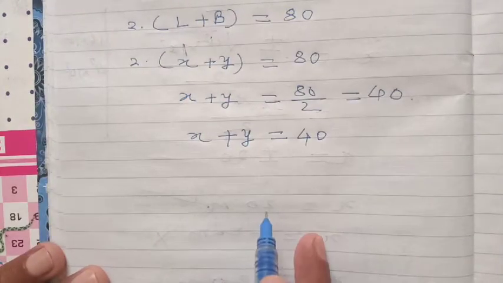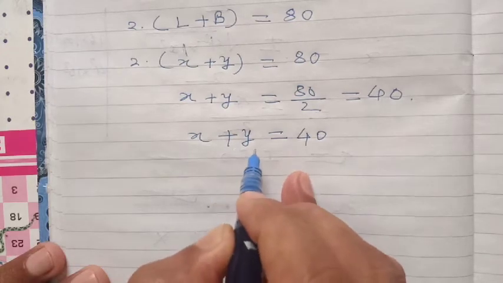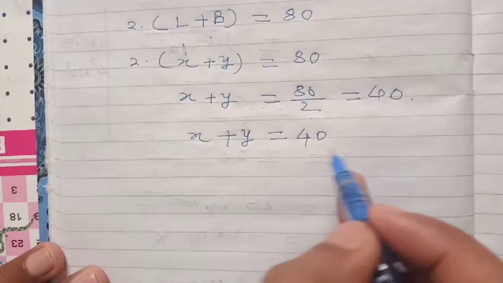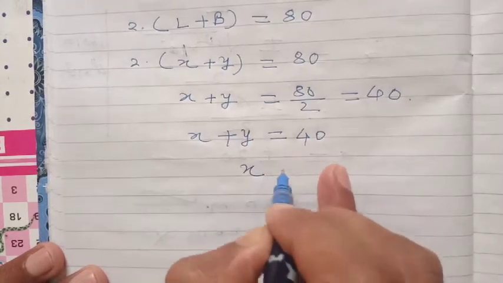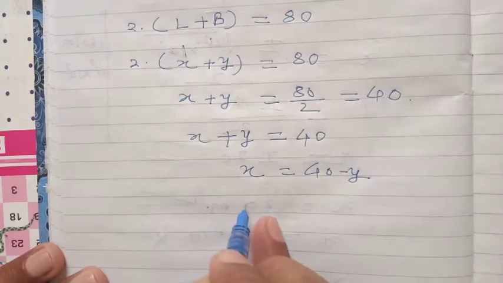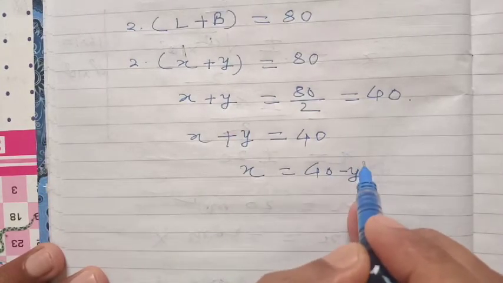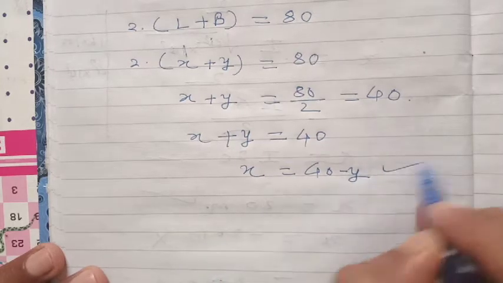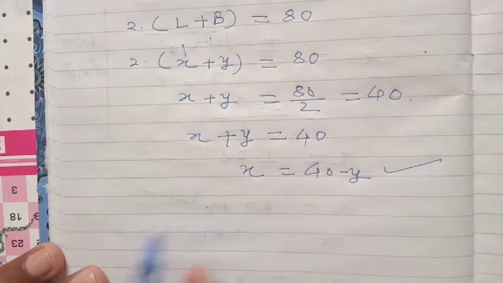Now you should take any of these, the value of breadth or length. So x is equal to 40 minus y. When you shift y to the RHS, you get x is equal to 40 minus y. This is the length.